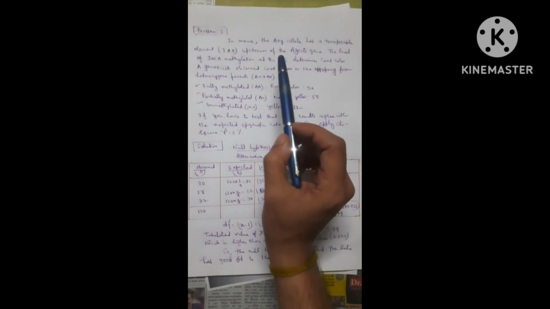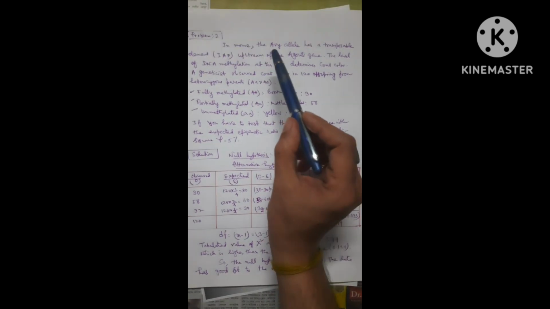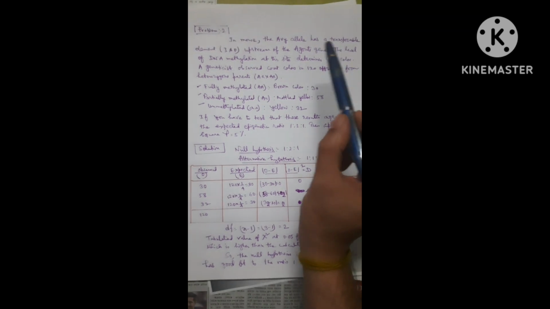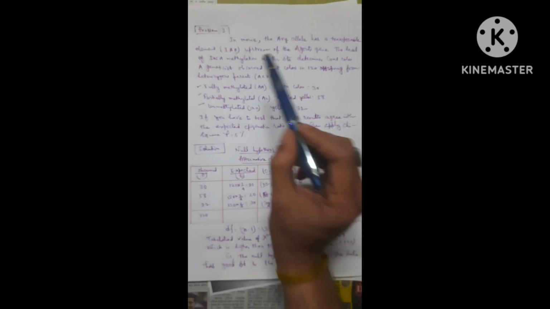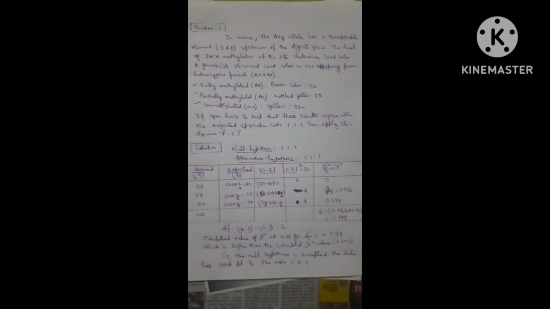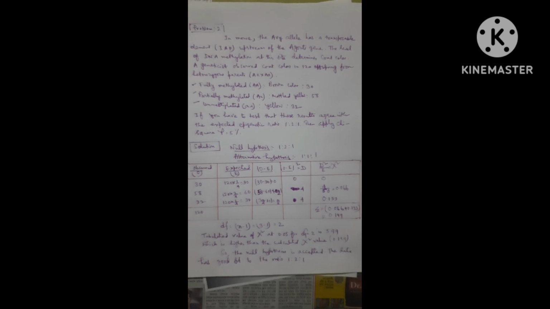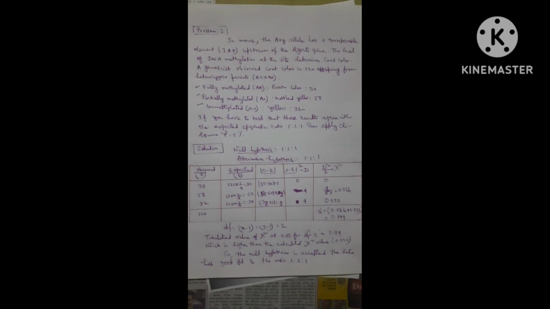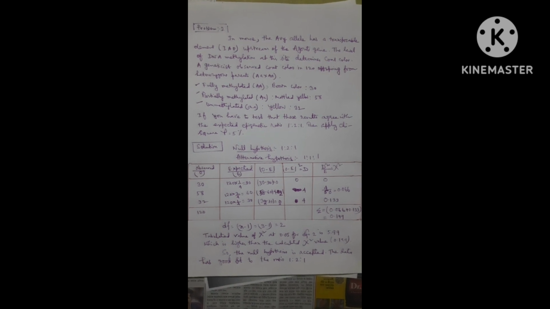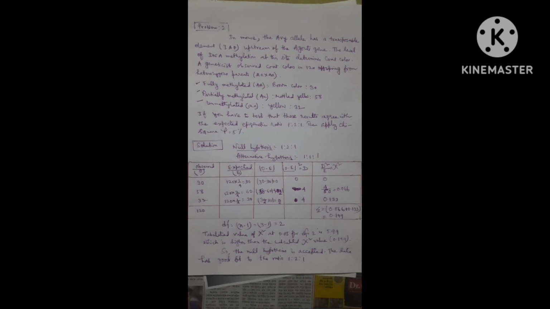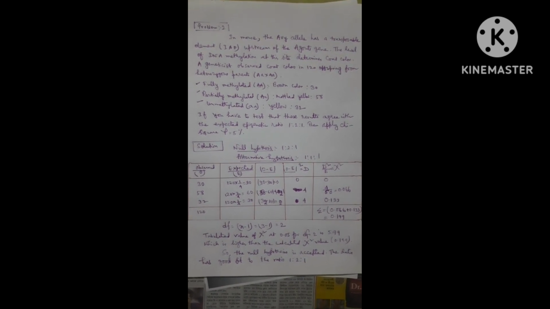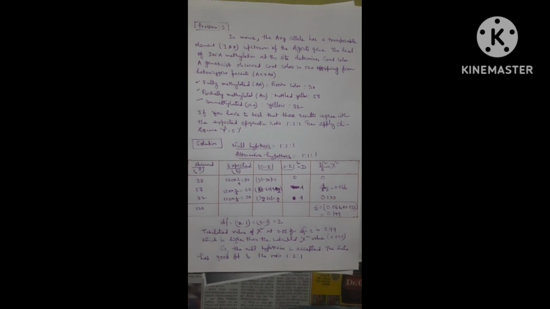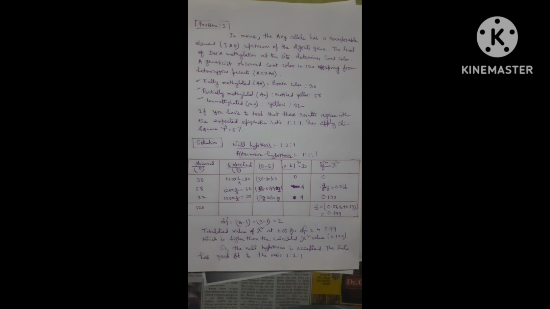Okay, in this problem, in mouse the AV allele has a transposable element IAP, which is situated upstream of the agouti gene. Okay, the level of DNA methylation at this site determines the coat color of the mouse.